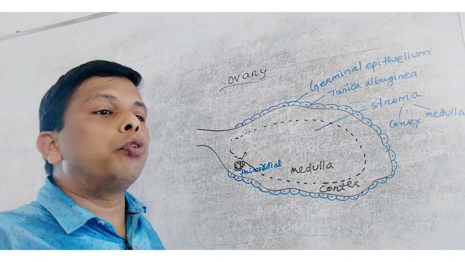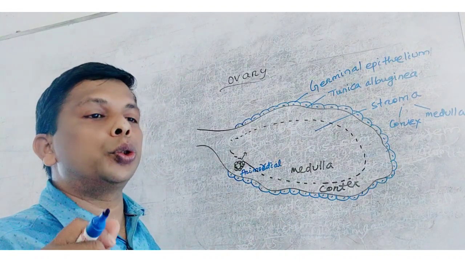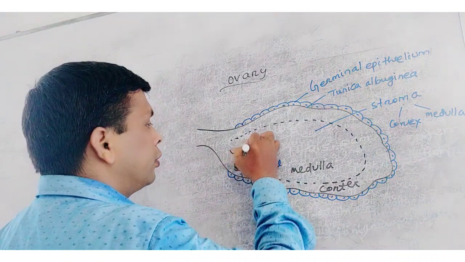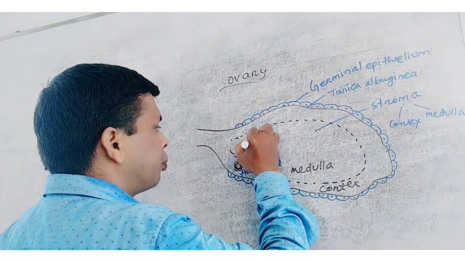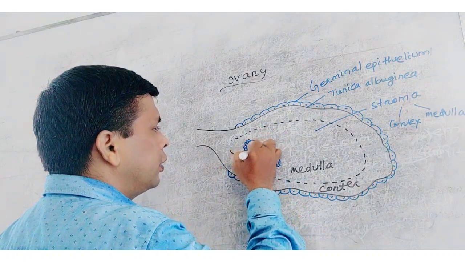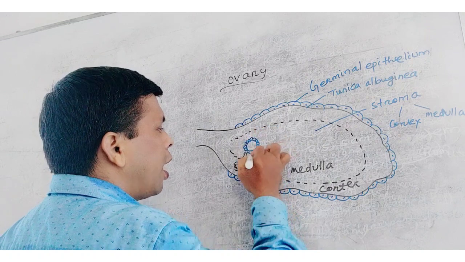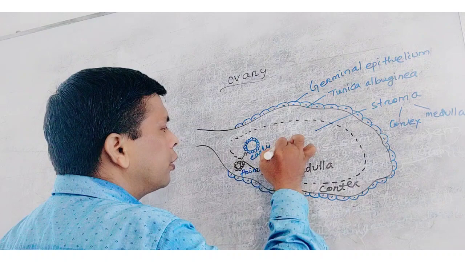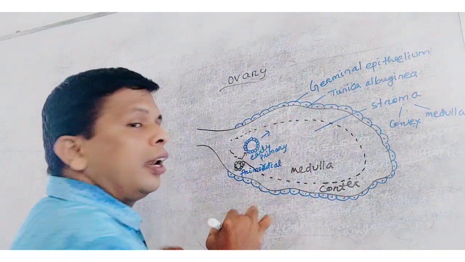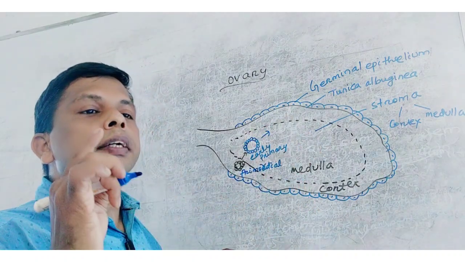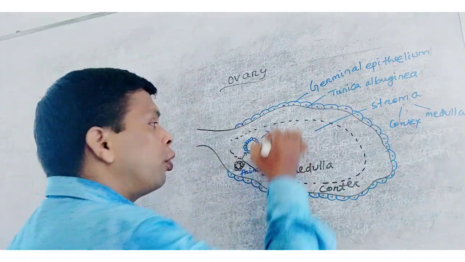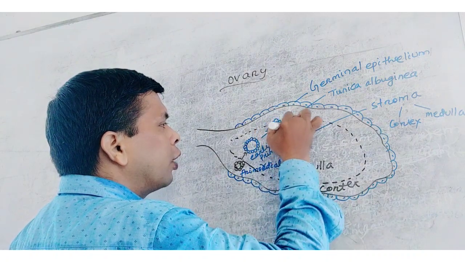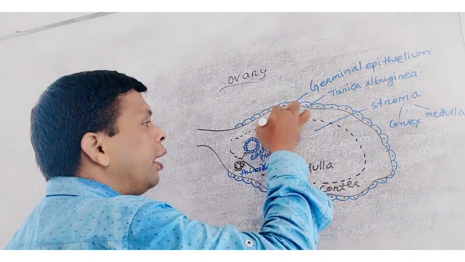This primordial follicle gives rise to the early primary follicle. This is a single layer. Sorry, these are flat cells, these are columnar cells. The early primary follicle gives rise to the primary follicle, which consists of multi-layered cells.